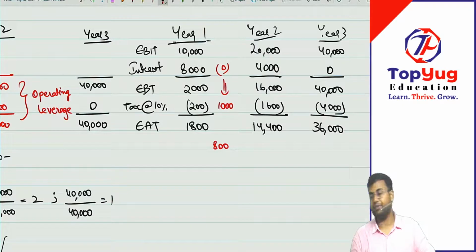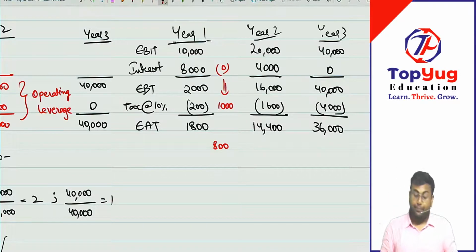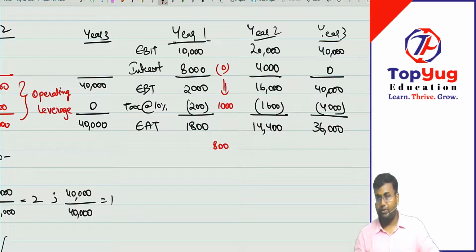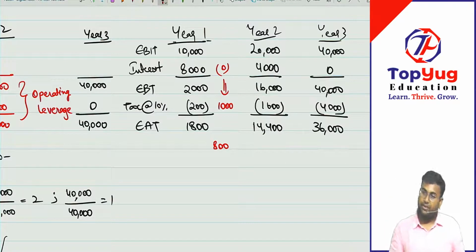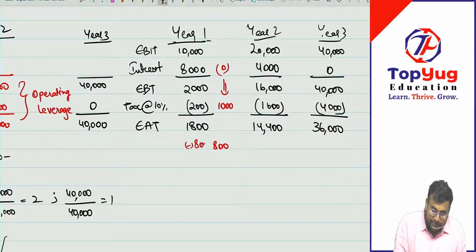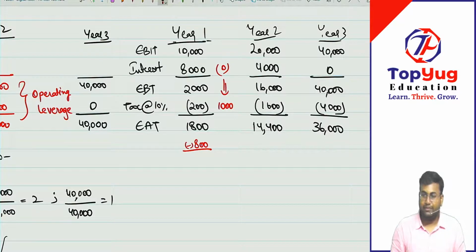Yes, sure. So now what has happened? 10,000 minus 8,000, I am getting a 2,000 rupees profit, and then 200 I am minusing off. I am getting a net profit of 1,800, but of this 1,800, 800 is because of tax. My real earning is only 1,000.